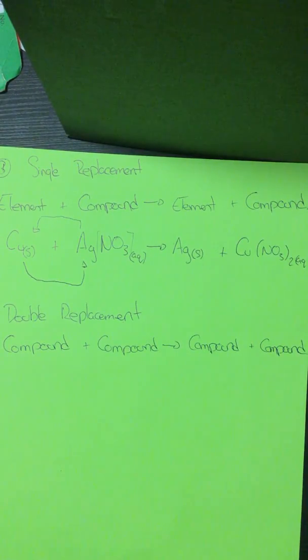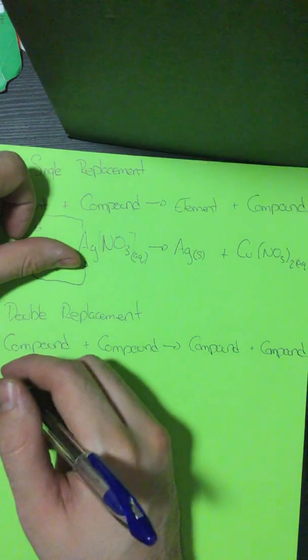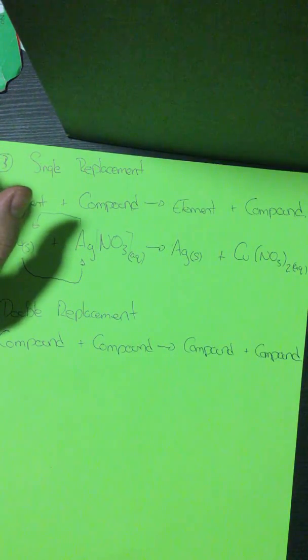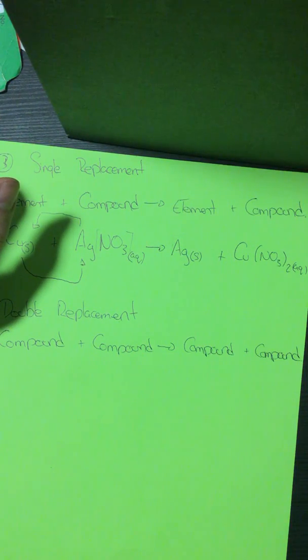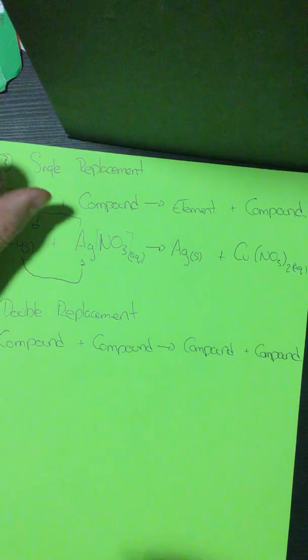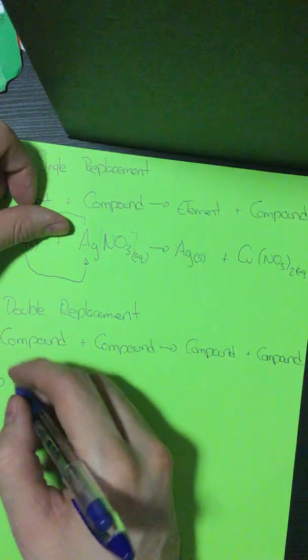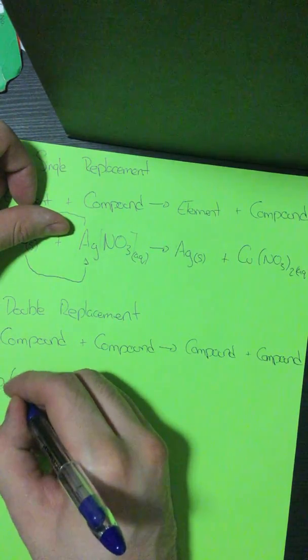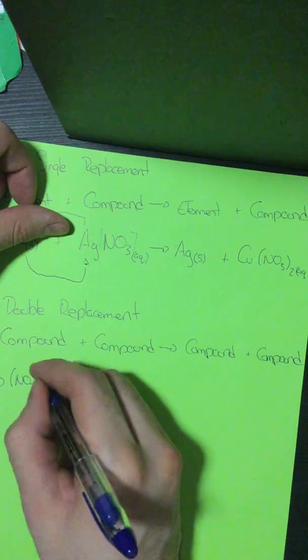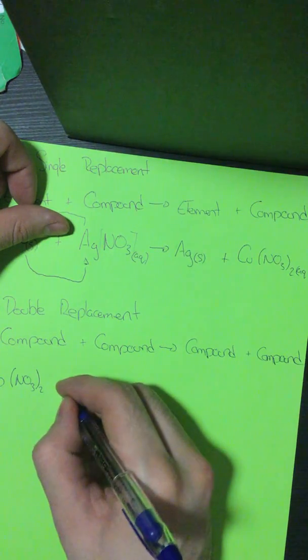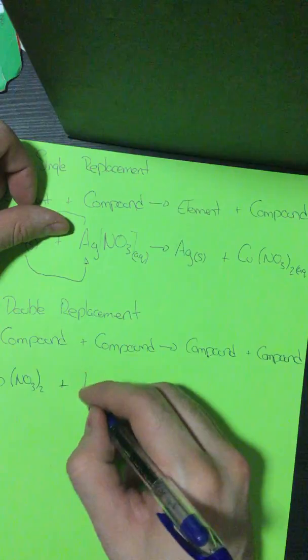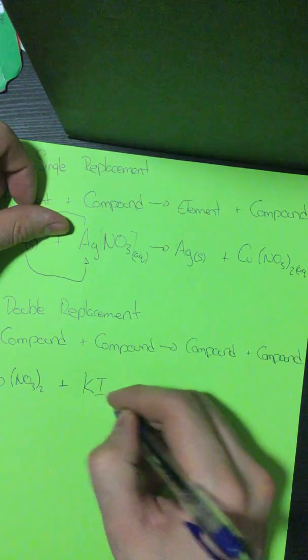So a double replacement that might be nice to work with will be, let's go with lead nitrate and potassium iodide.